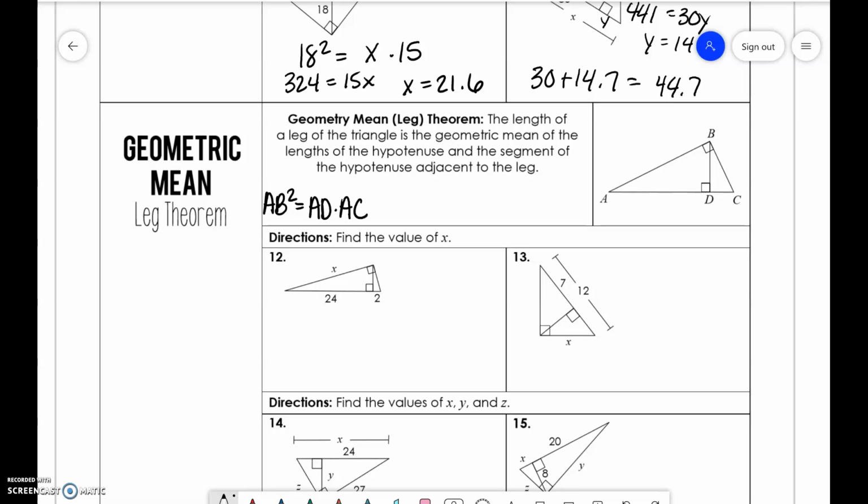So that's just saying if X is here, we're going to multiply AD times DC. Or BC squared is equal to DC times AC. But the difference here is that we're using the part closest and the whole length. So the part closest and the whole length.